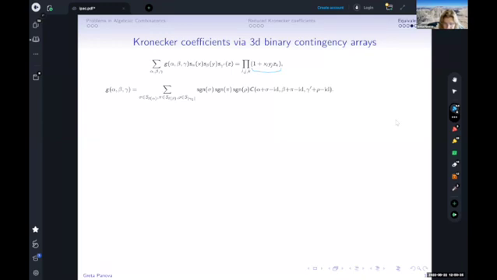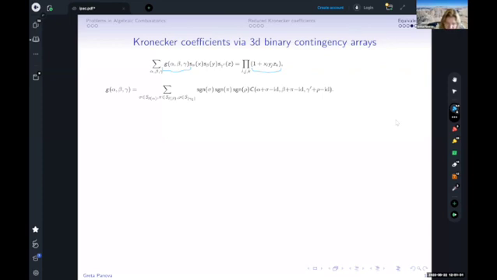If we expand this in the Schur basis, this time we get Kronecker coefficients. So if we didn't have the other set of variables, so if it was just x and y, this would be dual RSK, but this is one dimension more complicated, and the coefficients we get are Kronecker.